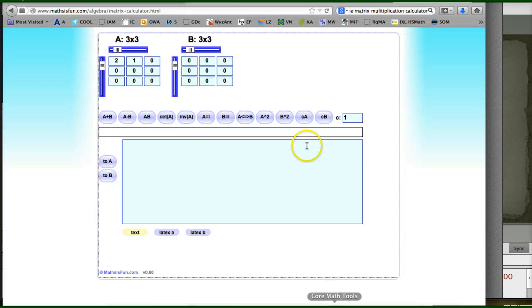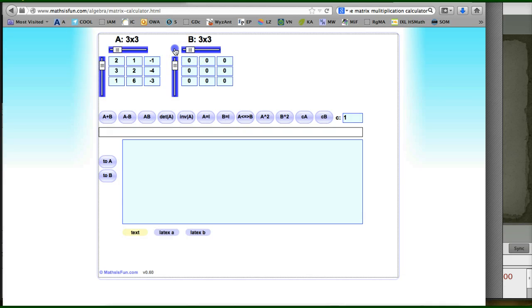Okay. So now what I'm doing is just matrix multiplication. You have to rewind a little bit to see what I did, but I went to a website and Googled online matrix multiplication.